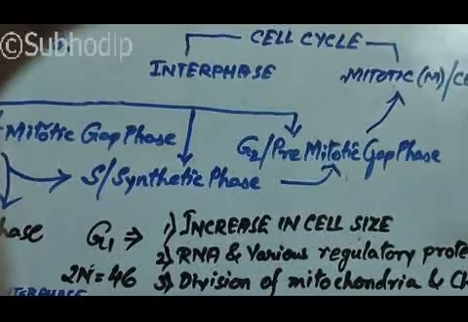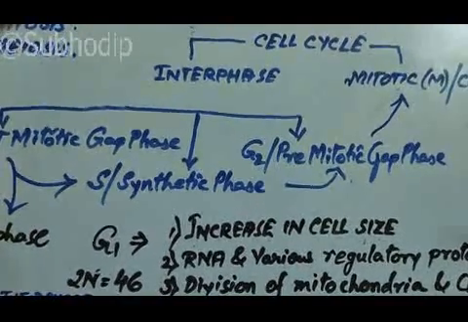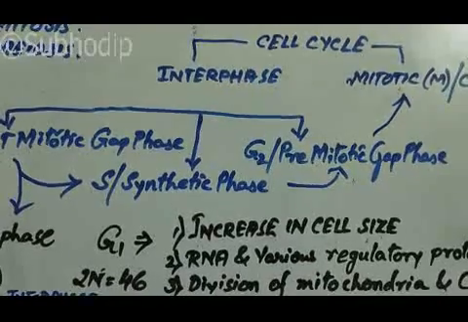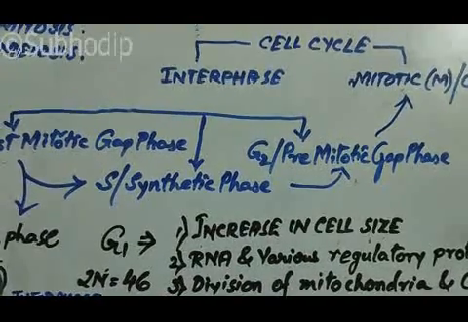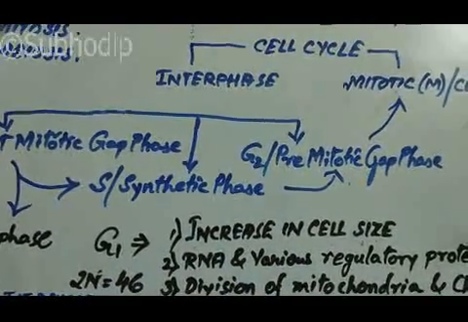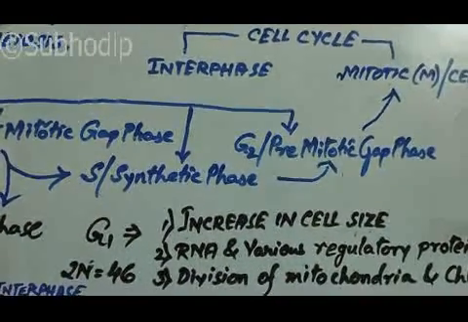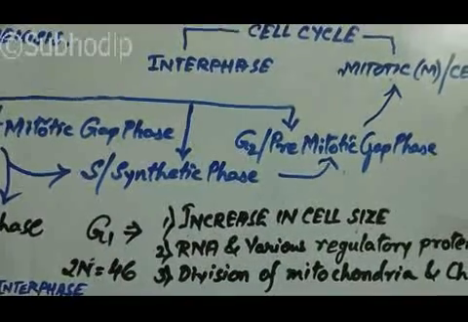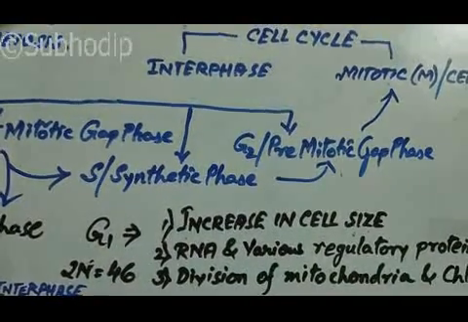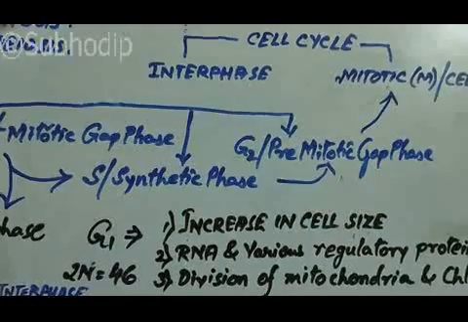Major characteristics which occur during the interphase are the growth of both nucleus and cytoplasm to maintain the normal size of the cell. The nuclear membrane remains intact and distinct.